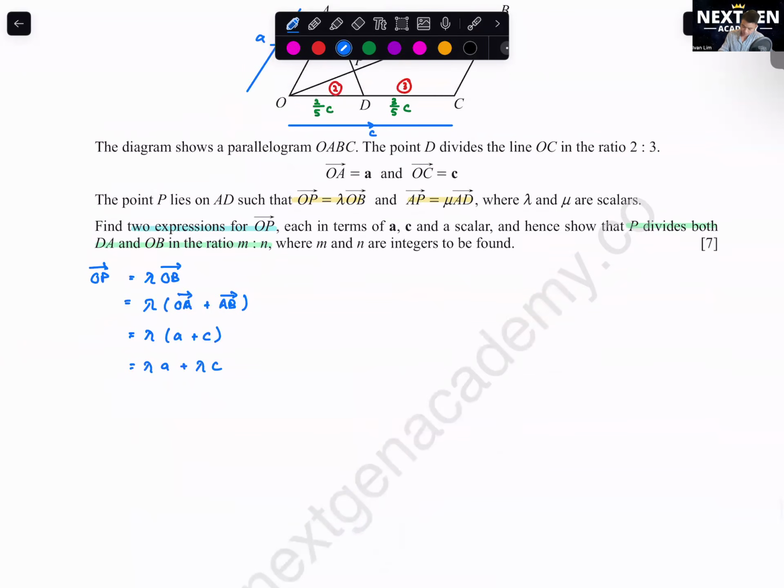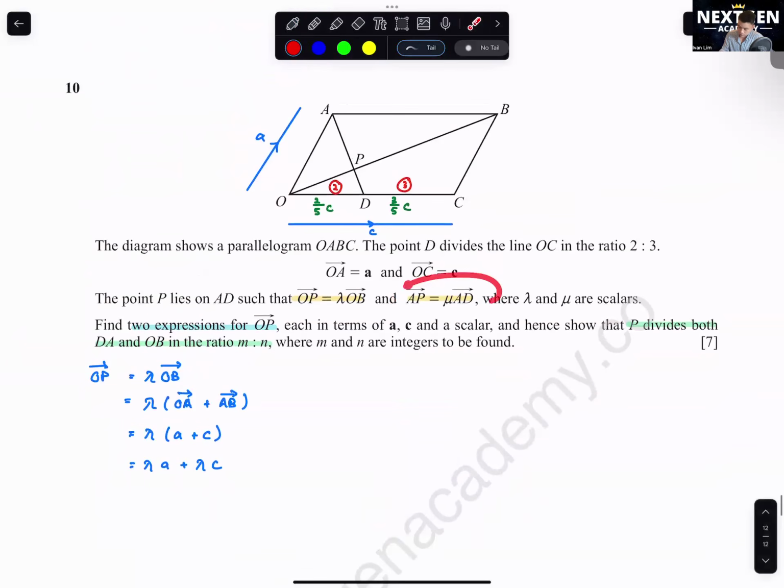The second one, AP equals mu AD. What is another way that we can use this AP here? AP, can I use OP plus AP, we can use, let me see.